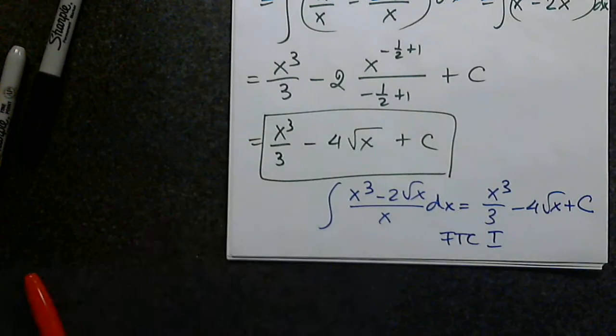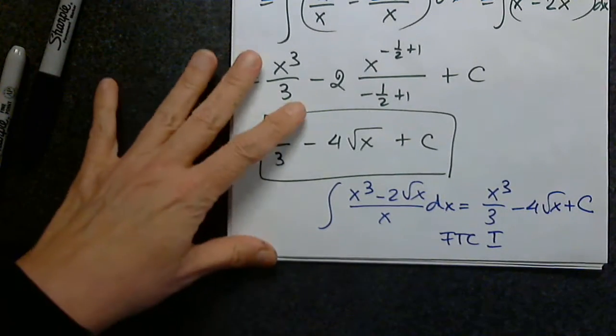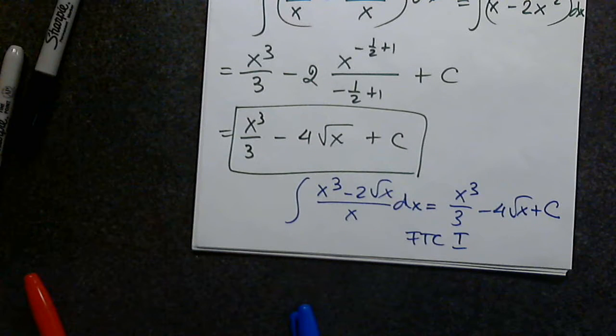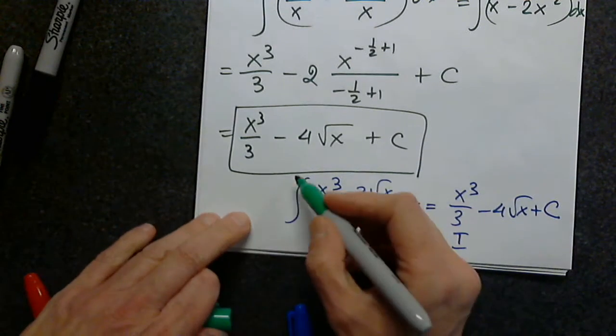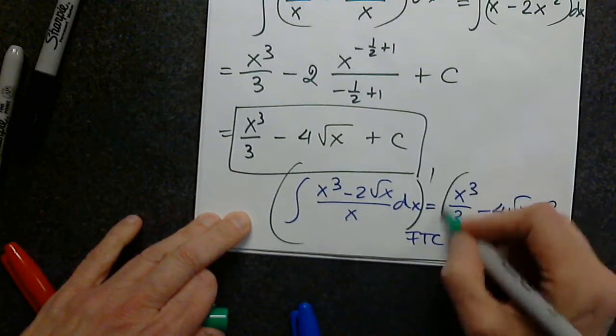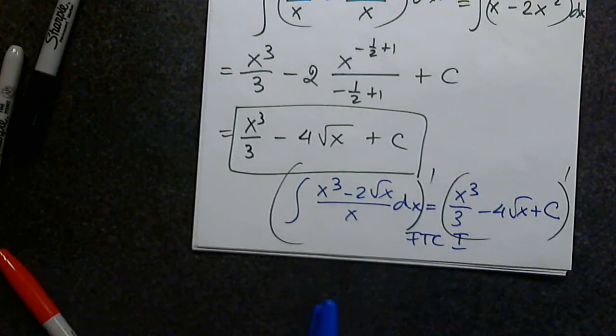FTC part 1. How will I show that the integral of f of x dx equals that function? Apply the derivative. Differentiate both sides. Yes. So I will differentiate the left-hand side, and I will differentiate the right-hand side.